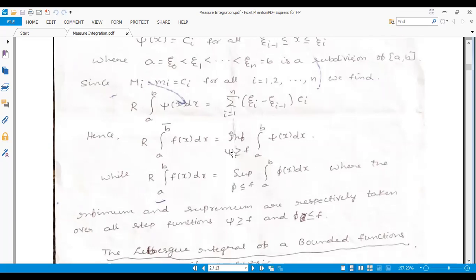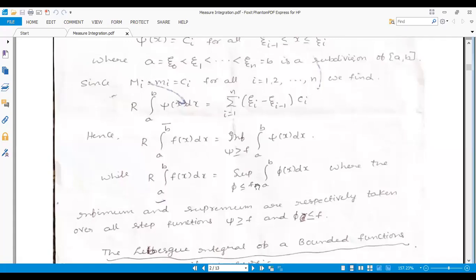Here phi and psi are respectively the step functions related to f. The infimum and supremum are respectively taken over all the step functions. Definitely they become equal.